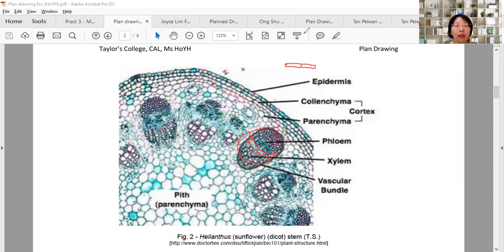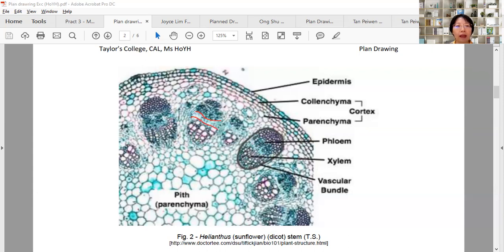Because in a microscope, you can zoom in and zoom out. That means you can use high power and low power to check the detail and draw accurately. But now you cannot zoom in, so you just make use of whatever is here. So this cambium here will be slightly thicker than previous one. All right, so this is the thickness of the cambium.